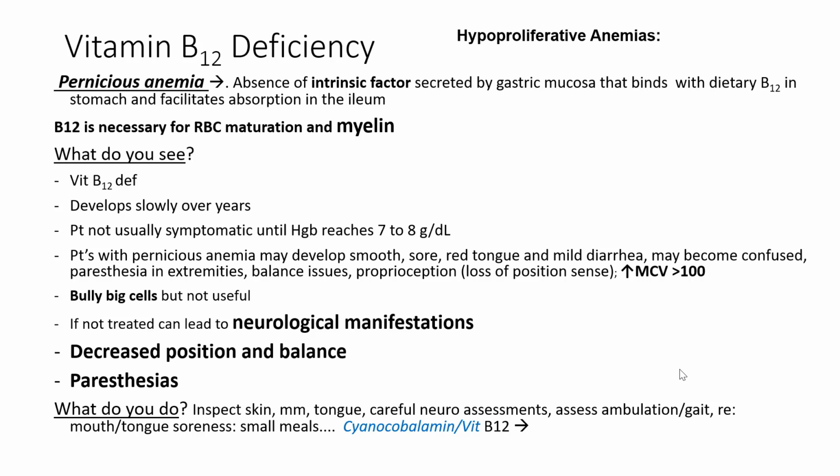And here they have what I call big bully cells. They've got plenty of red blood cells, but they're just big bully cells. They take up a lot of space, but they don't do anything because they just don't hold the hemoglobin. So again, just do a neurological assessment. I'd look at their gait. I would take the tuning fork and see if they can sense the tuning fork distal from their knee. Treatment is vitamin B12, either IM or PO.